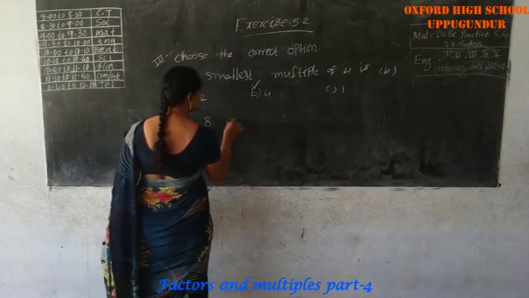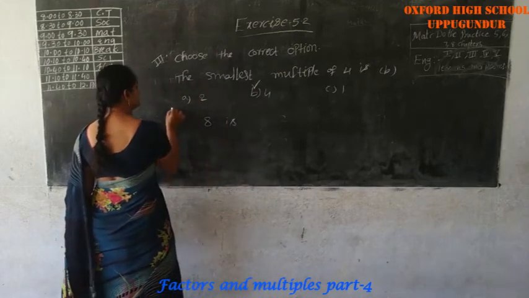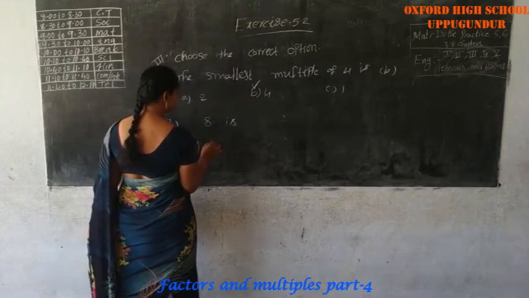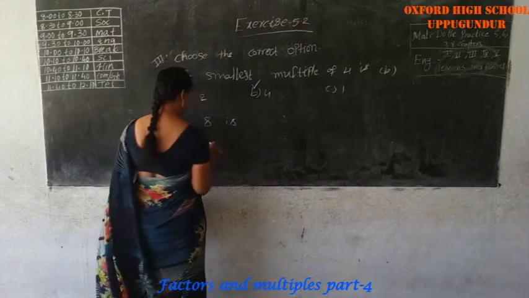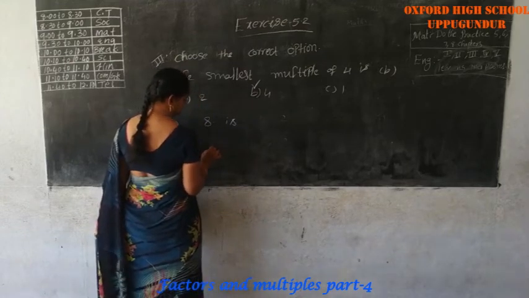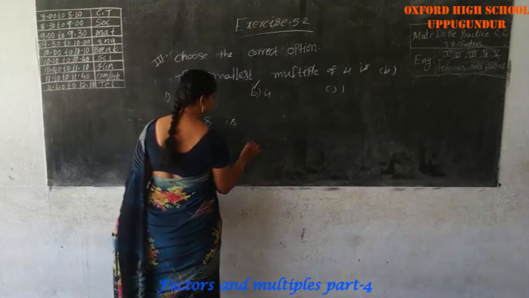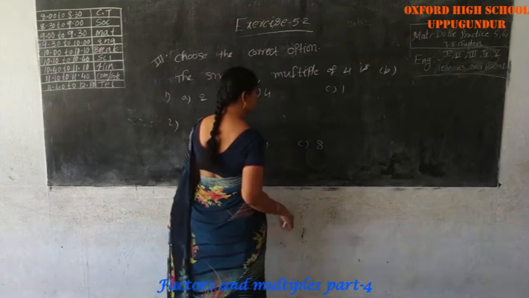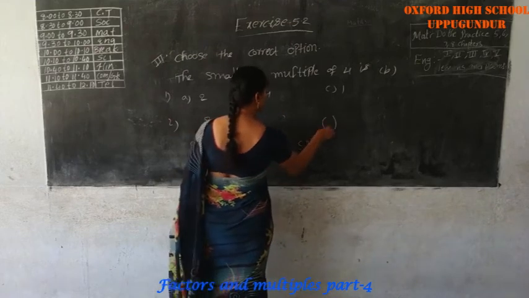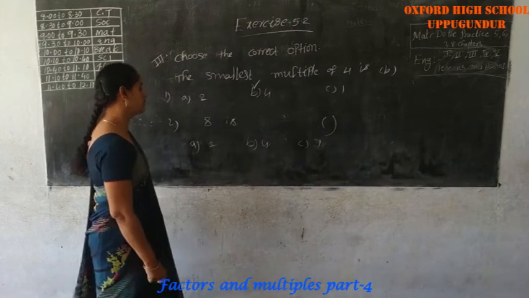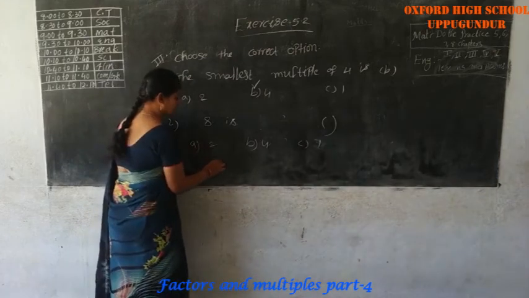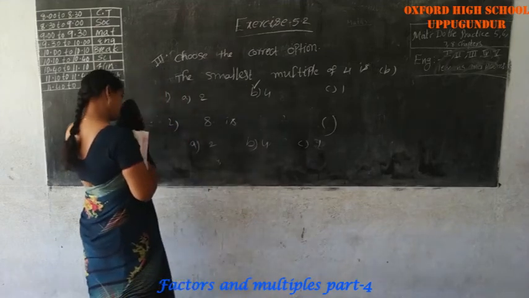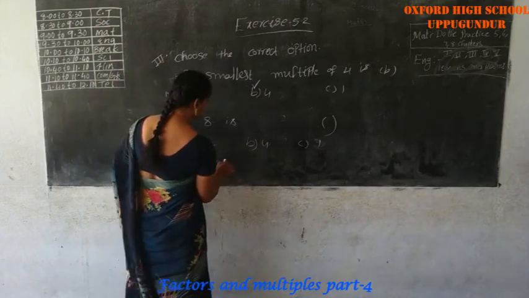The smallest multiple of 8 is. See, 8 multiples. 2 fours are 8, so 4 is one multiple. Next, 4 twos are 8.